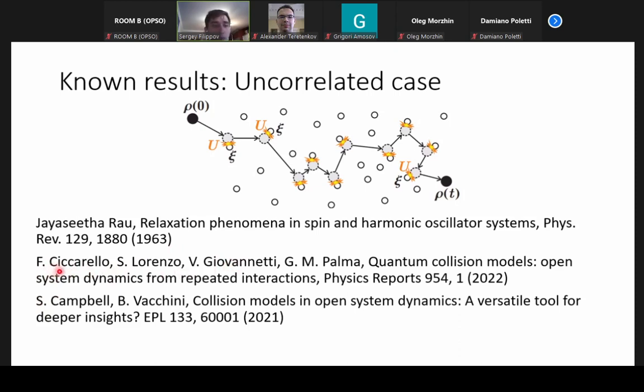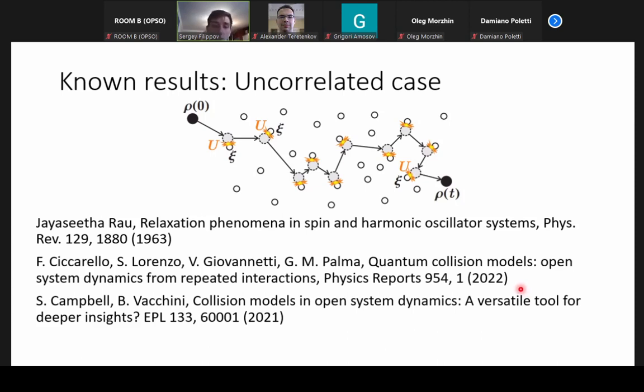The first one by Ciccarella and co-authors was published several days ago on February 12th, and another by Campbell and co-authors and co-author Vacchini was published last year. So these two review papers instructively review the history of collision models.